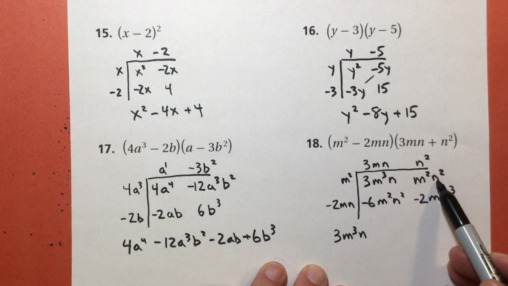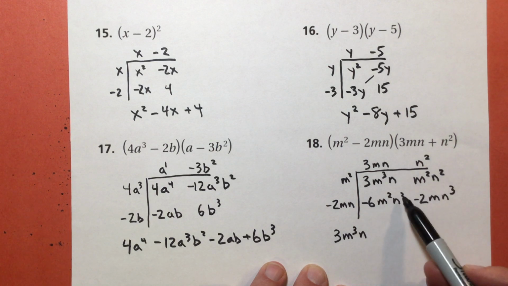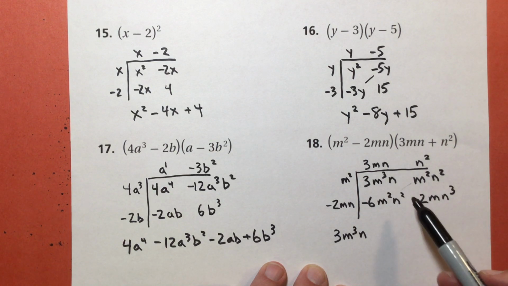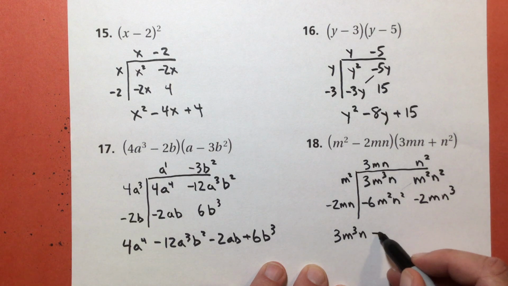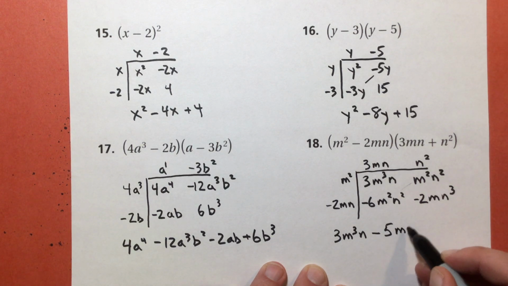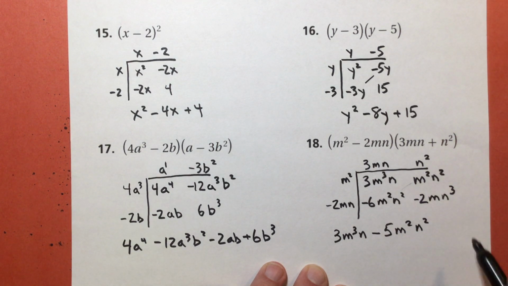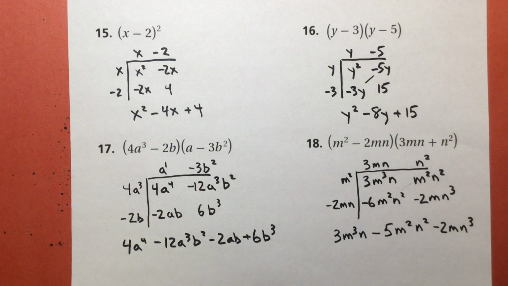M to the second, n to the second. Yes, these are like terms. So negative 6 plus 1 is negative 5, m to the second, n to the second. And this last one here, that's not like terms with anything. All right, we'll see you in the next video.